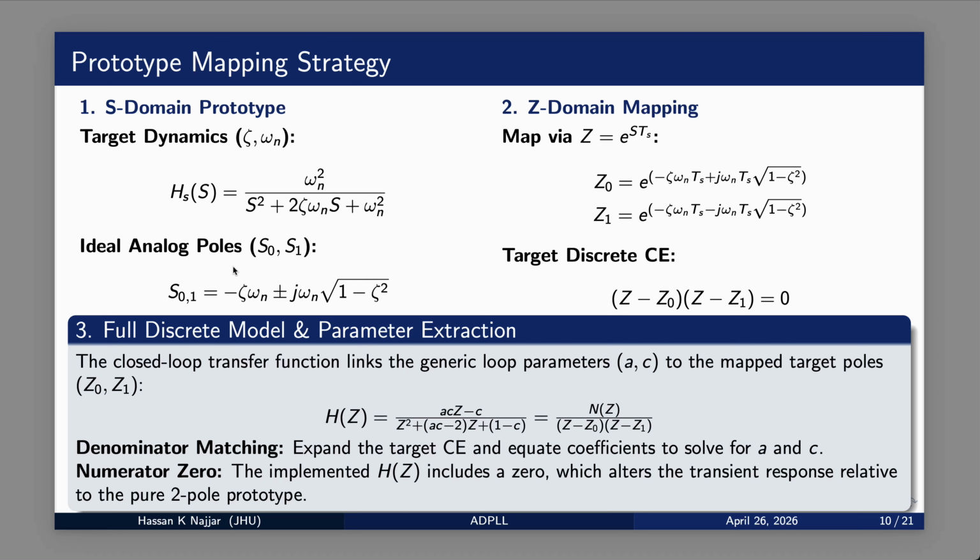This is a reasonable first design step, but it matches only the denominator dynamics directly. The numerator zero in the realizable loop still changes the final step response.